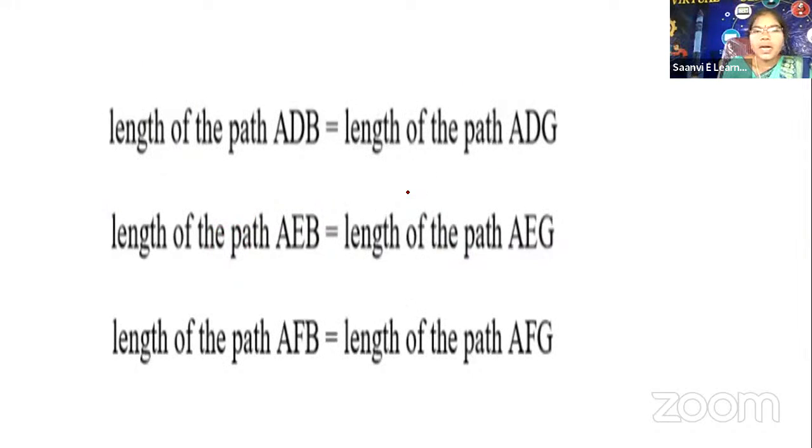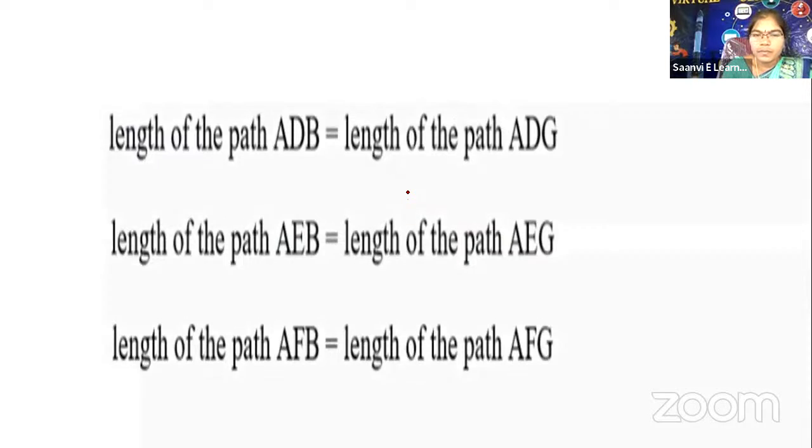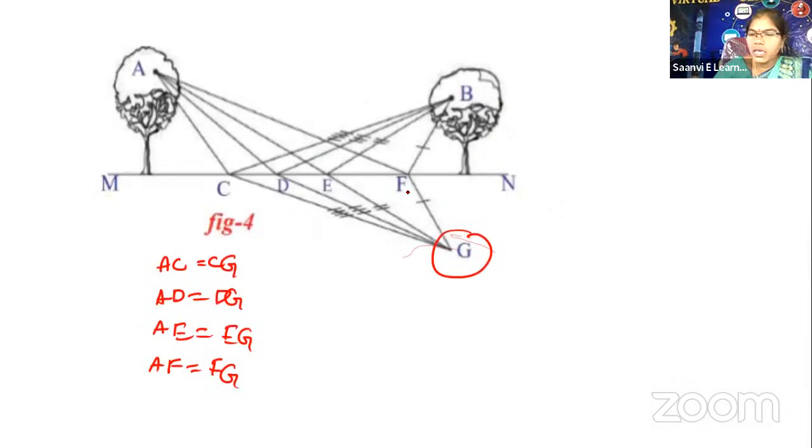Next, the length of the path ADB is equal to the length of the path ADG, and AEB is equal to AEG and AFB is equal to AFG. See here, ACG is equal to ACB.